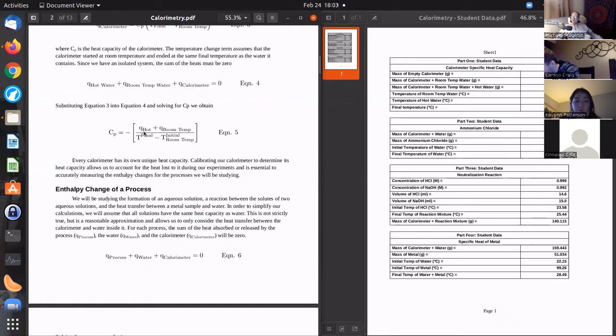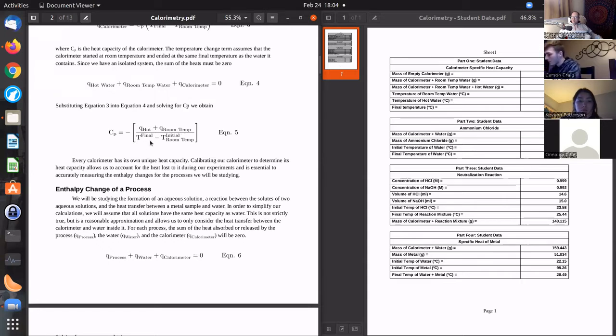So you're going to plug that in here. We just talked about how Q hot is going to be a negative, right? Q room temp is going to be a positive. Some of the heat is not going to go to Q room temp, right? So this is going to be less positive than this is negative. The magnitude of Q hot is going to be higher than the magnitude of Q room temp, which means that when we add them together, we're going to get a negative. All right.